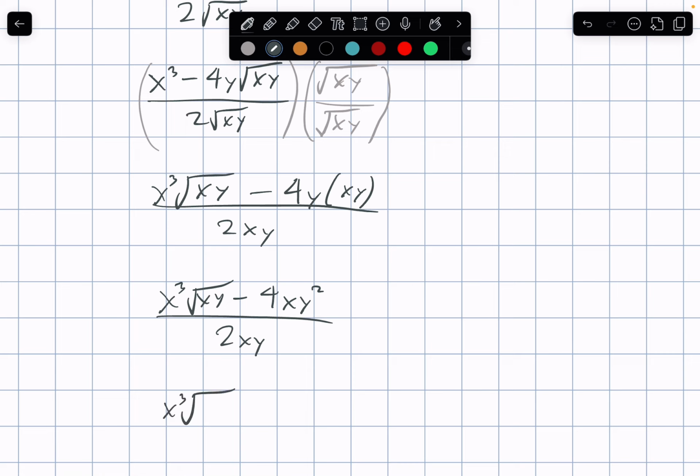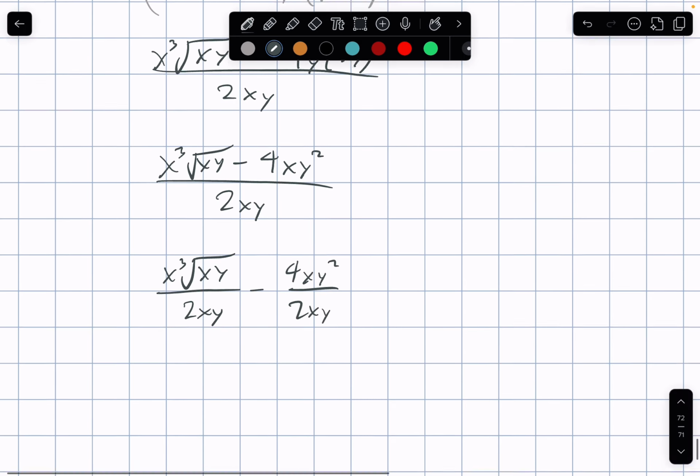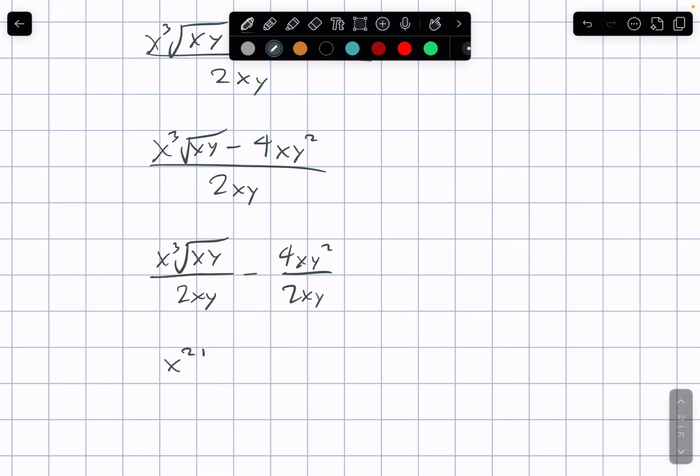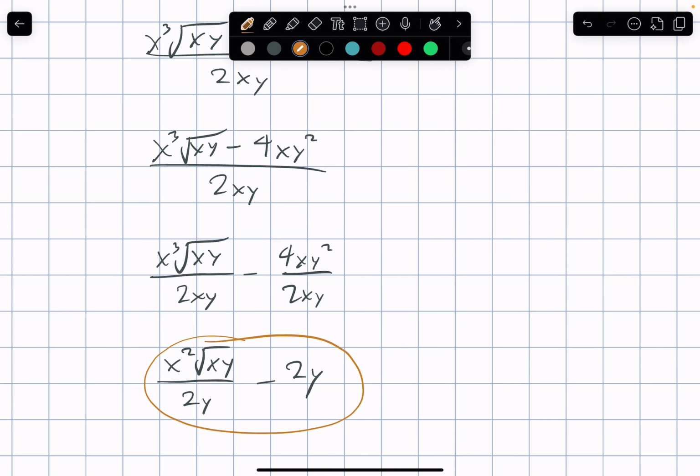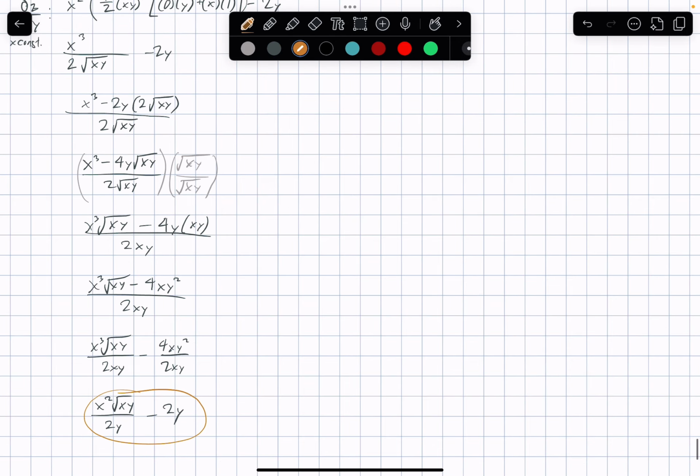If we separate, it is clear that we can make this like that, and at the right side 2y. Okay, so this is a more simplified version for partial z over partial y.